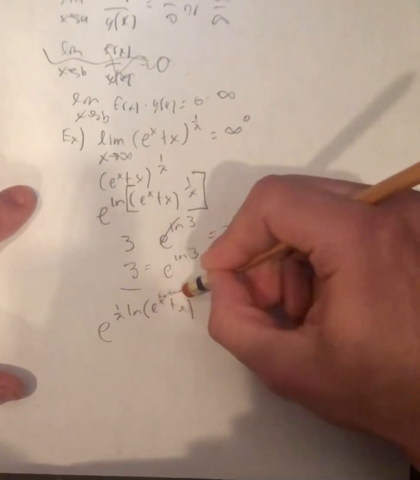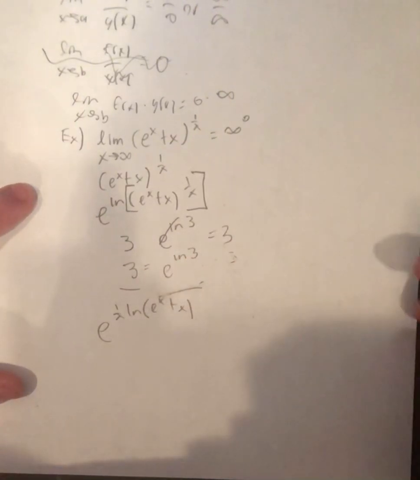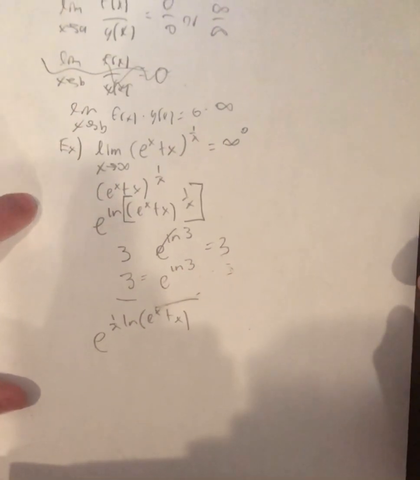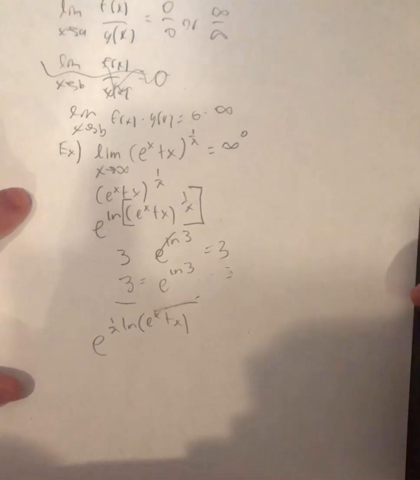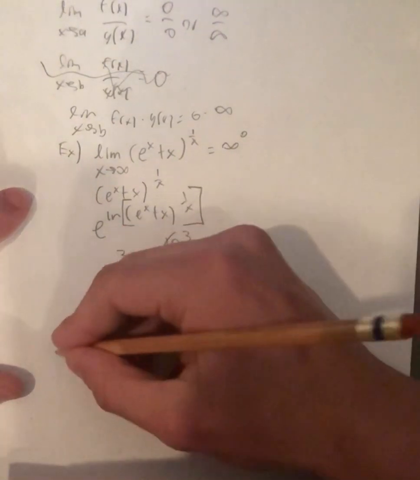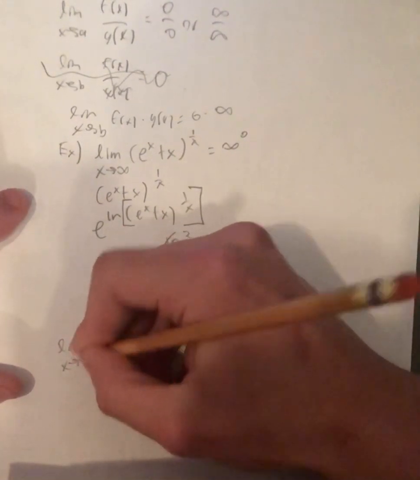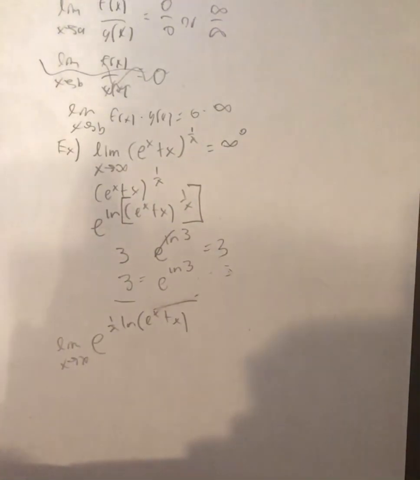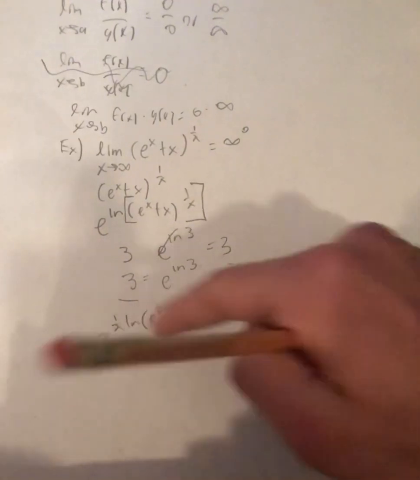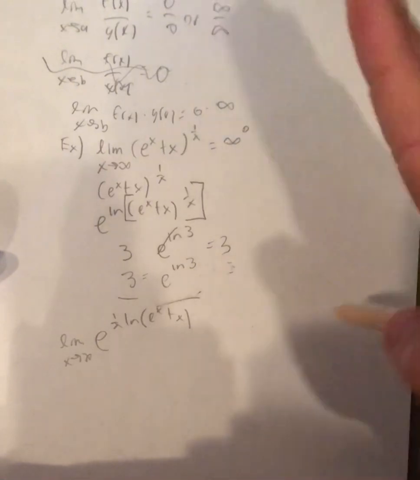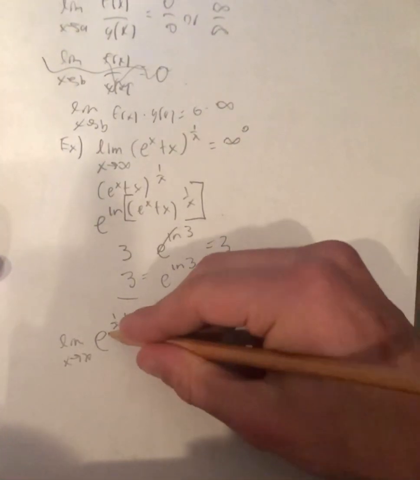Excuse me there, running out of room. So that's our new equation. We're still taking the limit as x approaches infinity. This is interesting because the e doesn't affect it, so we can more or less forget about it for now and just examine this part.